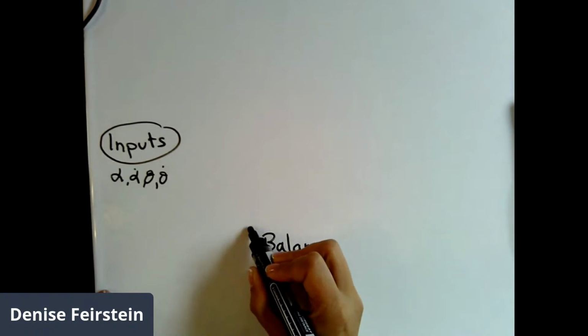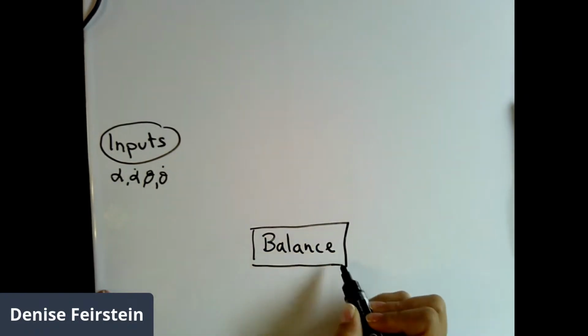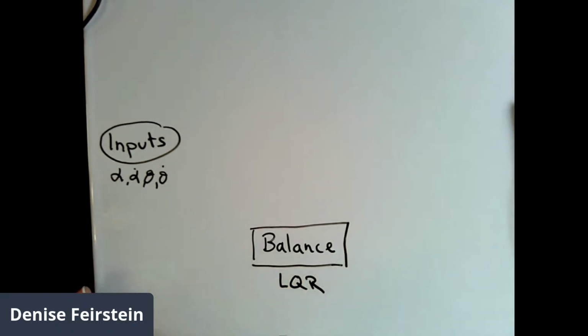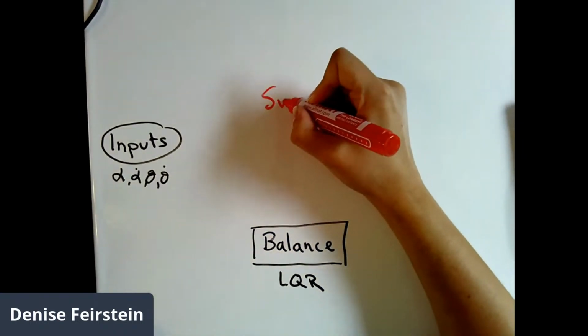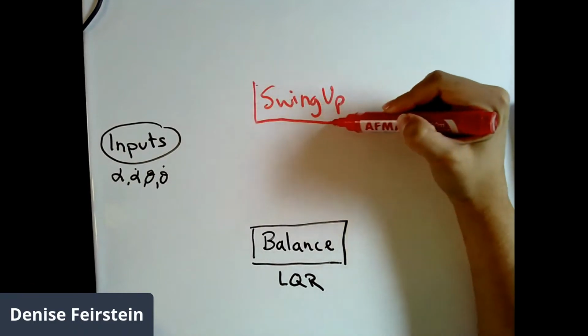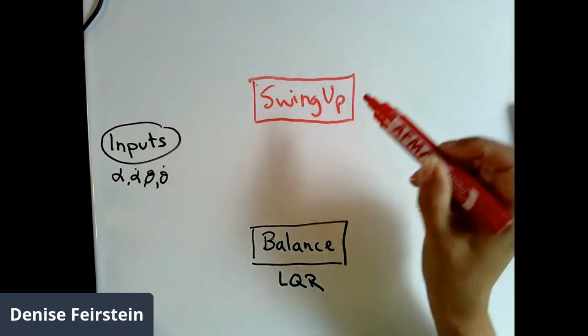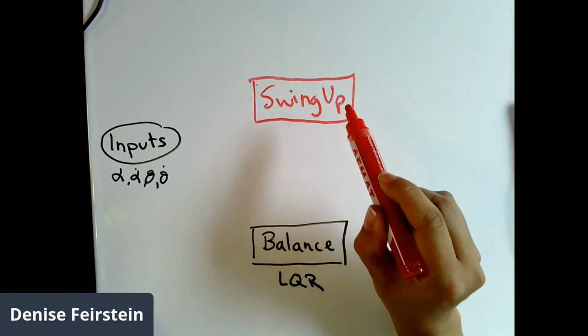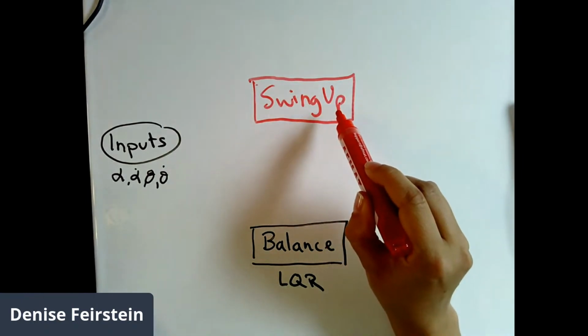And as I mentioned before, we're going to program this concept as an LQR controller. We're then going to have a second concept for swing up. And I'm drawing this concept in red to represent that it's going to be a learned concept. We're going to use reinforcement learning to learn how to swing up.